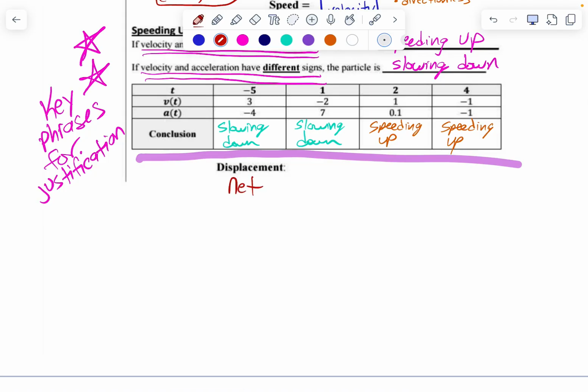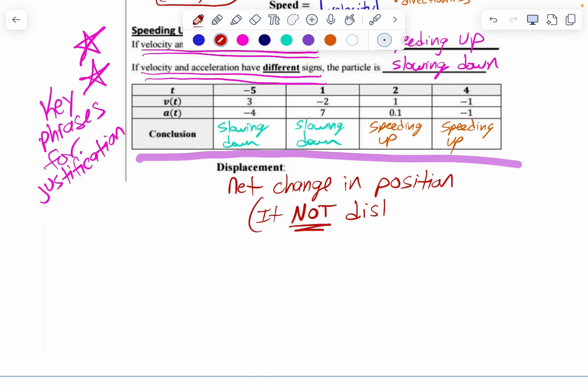This is the definition: net change in position. It is not distance.